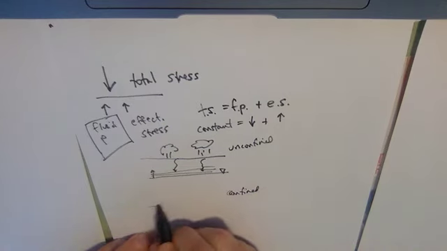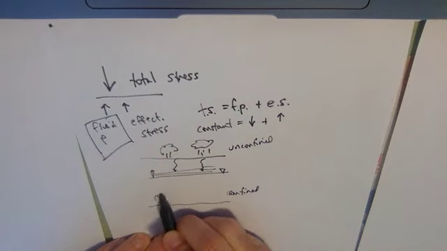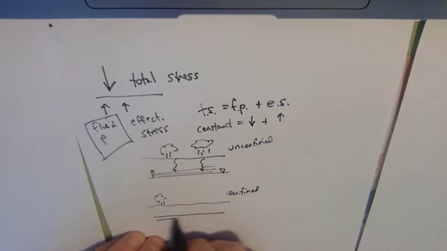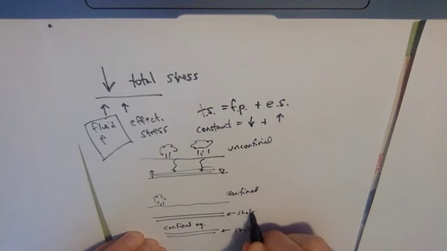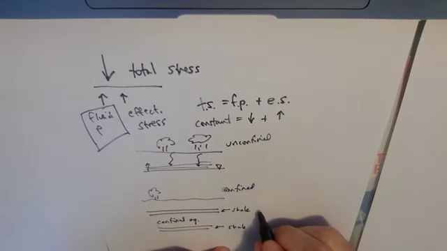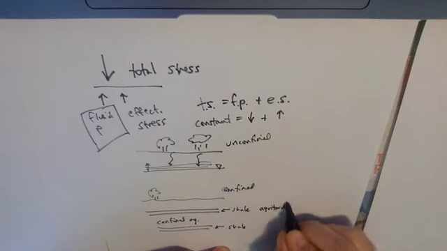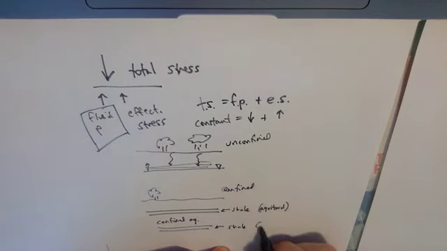However, a confined aquifer is quite different, right? Because it is confined by geology such that you have a relatively impermeable layer above and below. So this would be the confined aquifer. And these would be something like a shale layer or some other kind of relatively low permeability rock that we refer to as an aquiclude, actually an aquitard, mostly here and here.